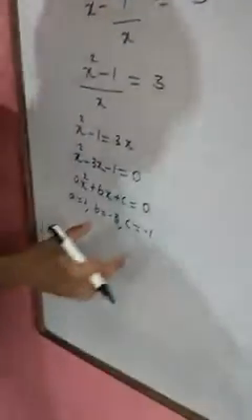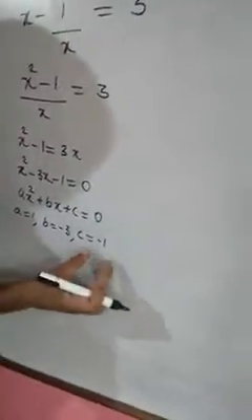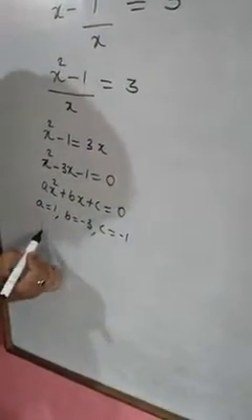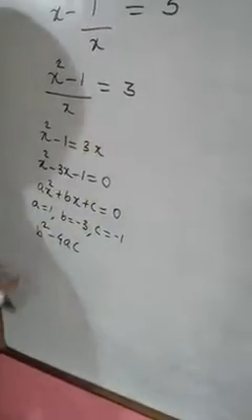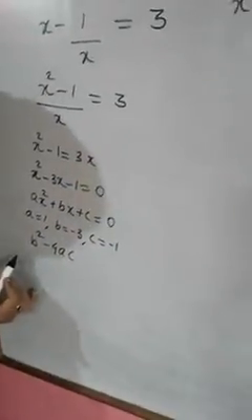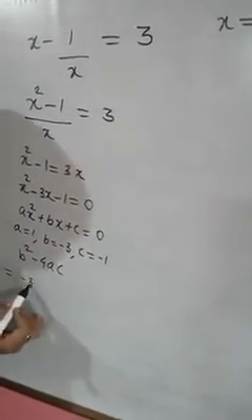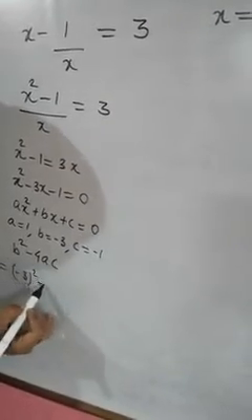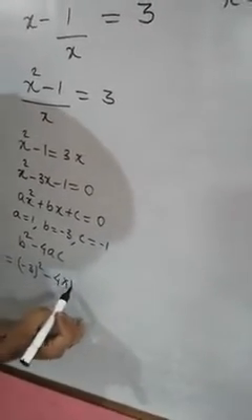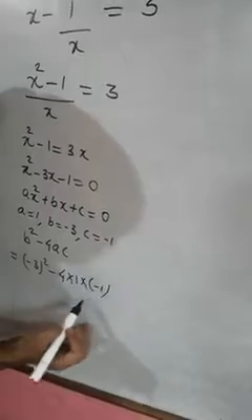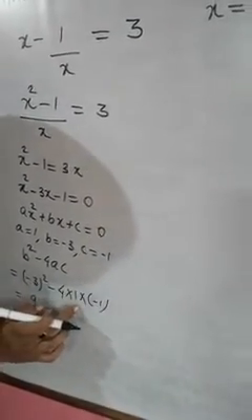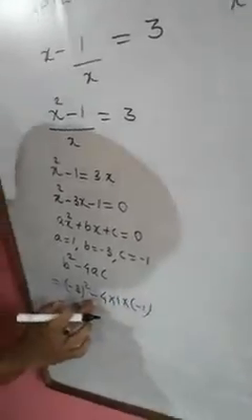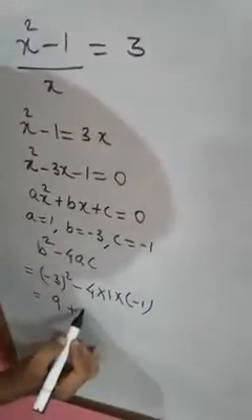Before applying the quadratic formula, we will confirm whether this equation has roots or not. I already told you how to confirm the roots. We first have to find the discriminant, b square minus 4ac. The b value is minus 3 squared, minus 4 times a value 1 times c value minus 1. So 3 square is 9, and minus 4 into 1 into minus 1 is plus 4.